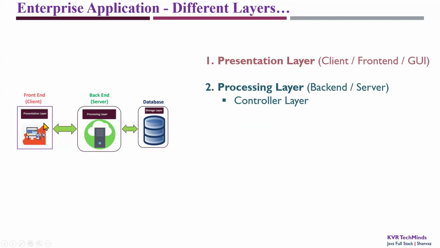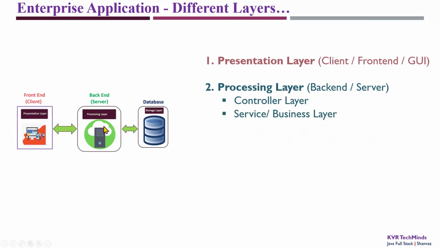From the front end, if somebody sends a request, it goes to the processing layer. Here somebody should be there to accept all the requests. So who is going to accept that request? The controller layer. It has the special responsibility of accepting all the requests. Next, the service layer.